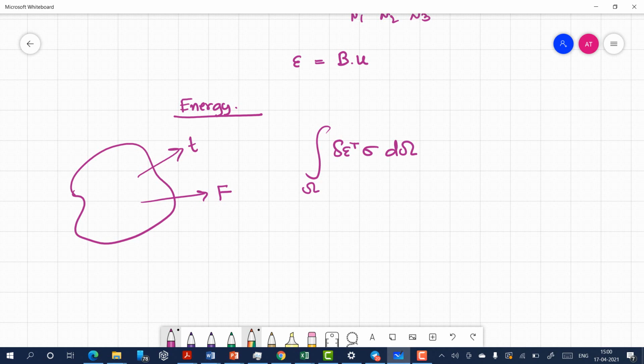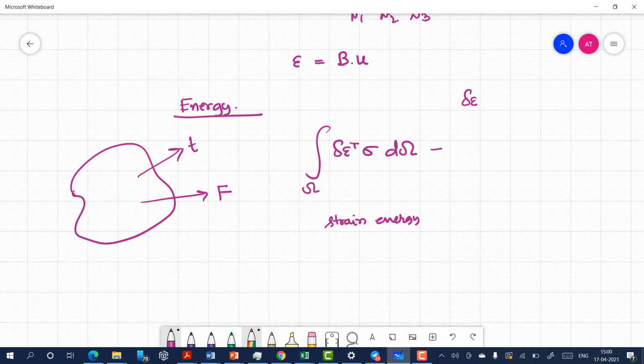We are integrating over the volume omega, and this is the small amount of strain which has developed, delta epsilon. We take the transpose of that, delta epsilon transpose times stress, and this term is called strain energy. Remember, it is strain energy and not strain energy density, because strain energy density is per unit volume and we are multiplying it with the volume.